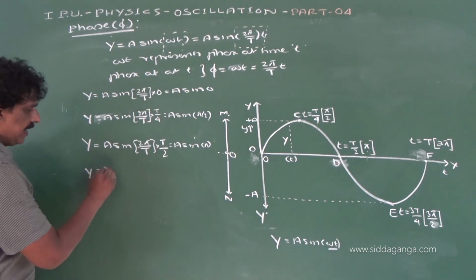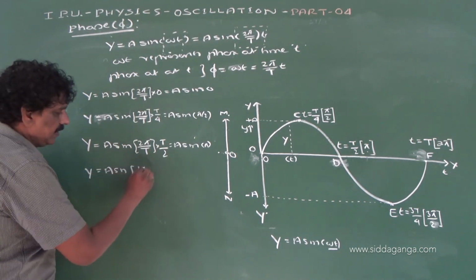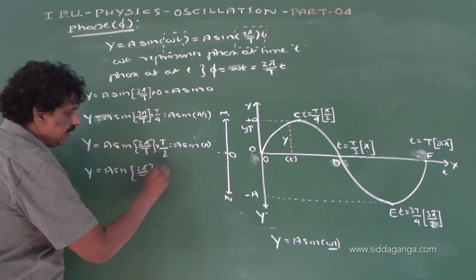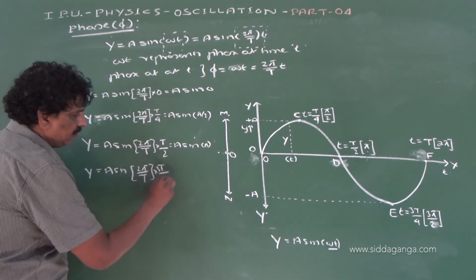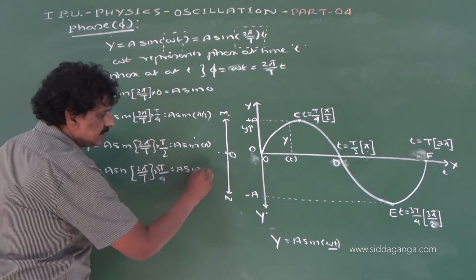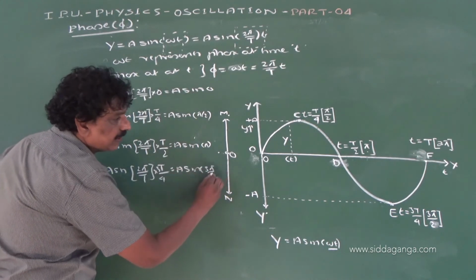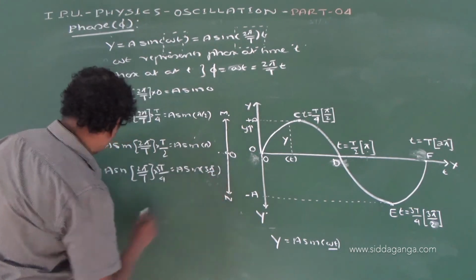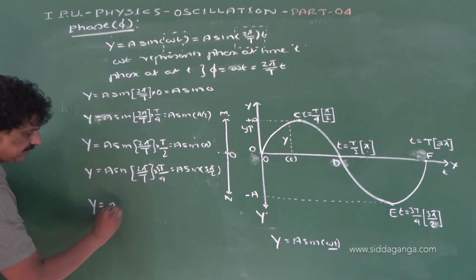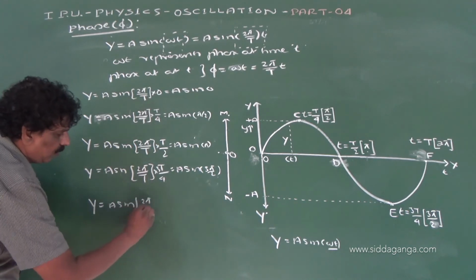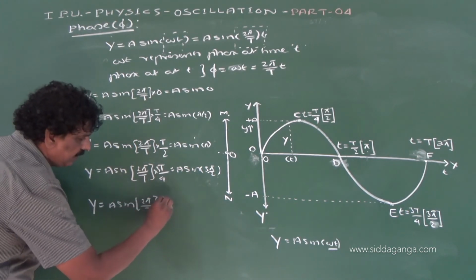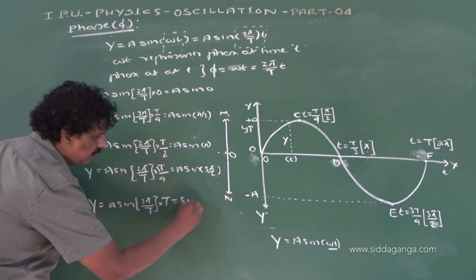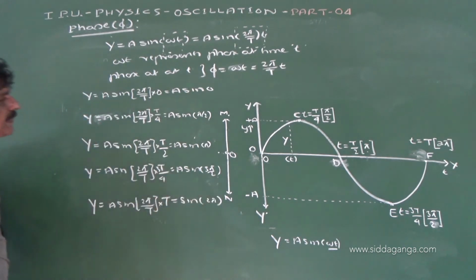Now at E, y is equal to a sin 2 pi by T into 3T by 4, that is equal to a sin 3 pi by 2. At F, y is equal to a sin 2 pi by T into T, that is equal to sin 2 pi. So it is at O, C, D, E and F in the curve.